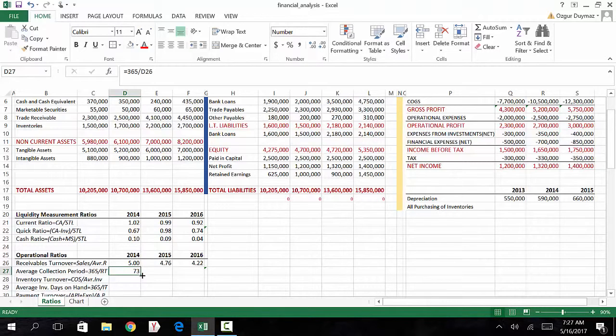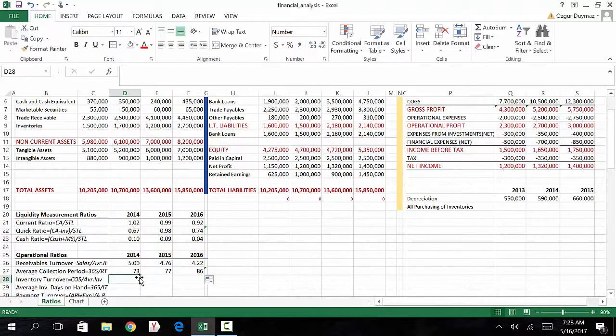It is 73 days for year 14. And next year is more than last year, and the next one, look at that, is 86 days. It's an increase. This is not good for the company. The collection period is increasing.